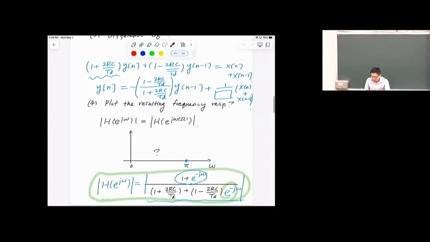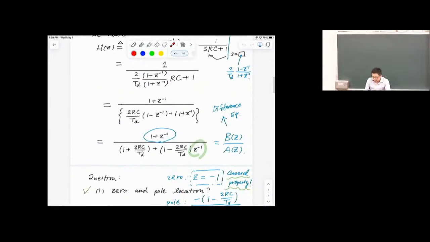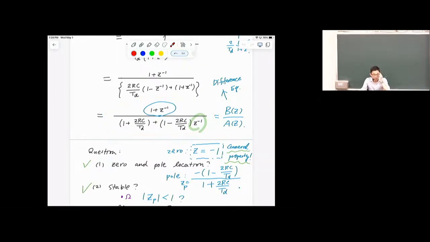But now the question is, when we look at H of z, it might not be so easy to mentally see what the frequency response will be like. Just by looking at this expression, it might be hard.